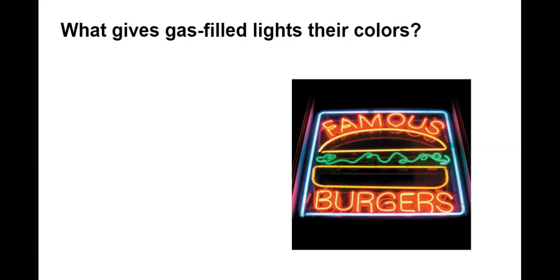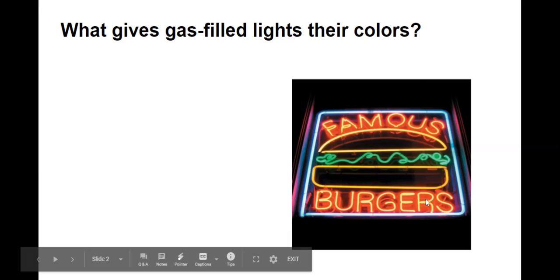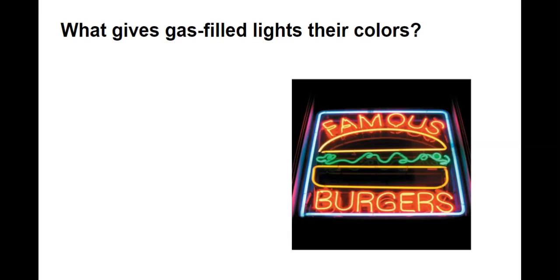And you might have wondered what gives those different lights their colors. How come they have all the different colors? The same principle, which we'll talk about a little bit later, can be applied to fireworks. What gives the fireworks their different colors?